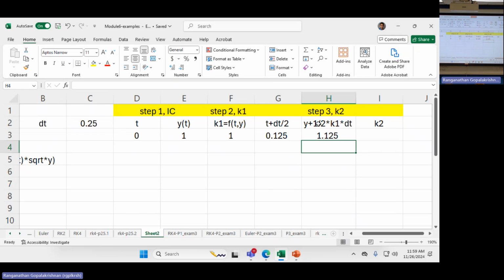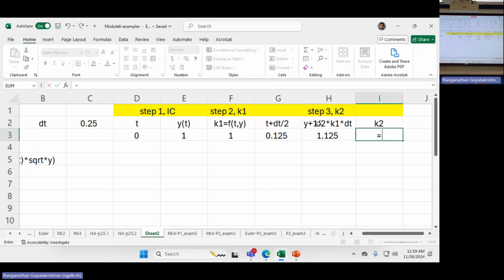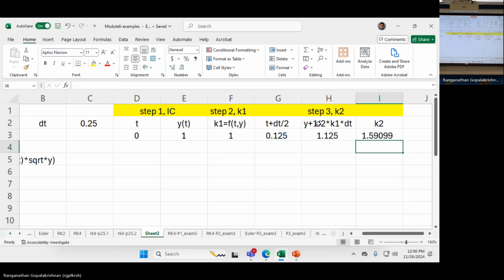Okay. And so what is K2? K2 is the function 1 plus 4 times whatever time is, multiplied by square root of whatever y is. Evaluate the function, which depends on time and y, using this time and this y.